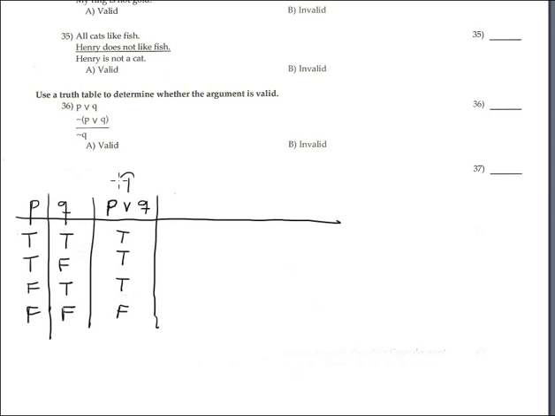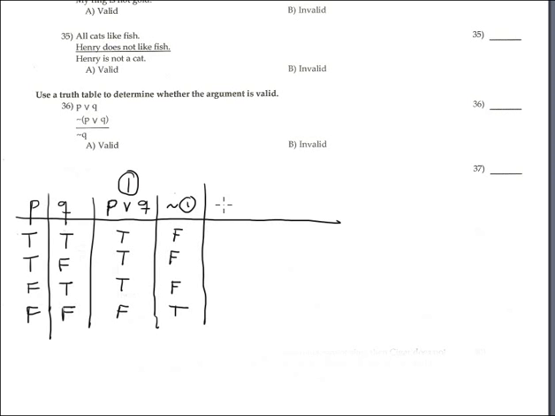This is the premise number one. The premise number two is the negation of one. Obviously it's false, false, false, and true.